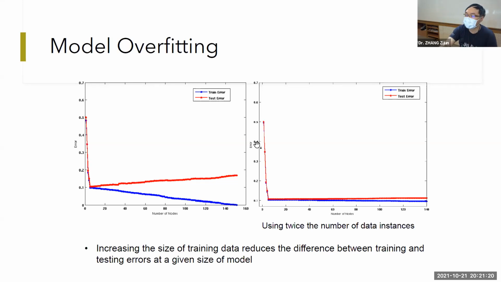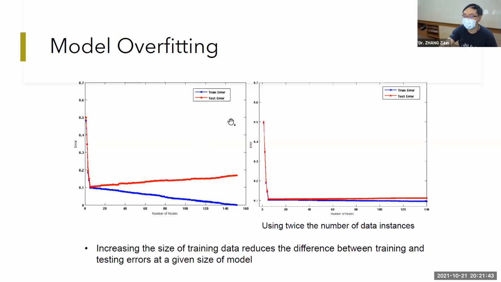Then what will be the solution to prevent overfitting? There's one very intuitive, very easy solution: you increase the size of the training data. Giving more information for training the model can help reduce the difference between training and test error.